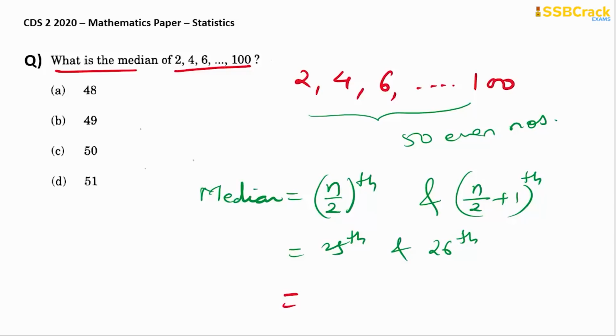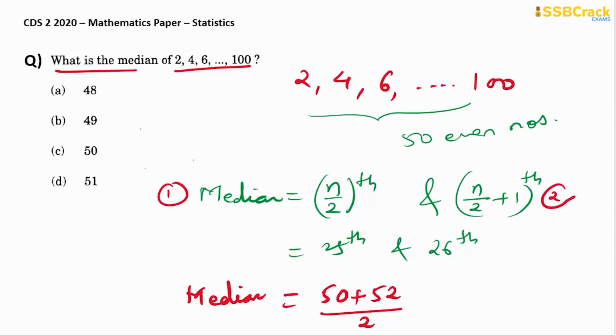How do you find it? It's the 25th even number, so it's very easy. It's the number 50 and the 26th even number is 52. It's very easy, right? So its average will be the median. You know very well, right? So for data, when there is even data, there are two medians, namely this 1 and this 2. We have to take their average to get the actual median of the data.